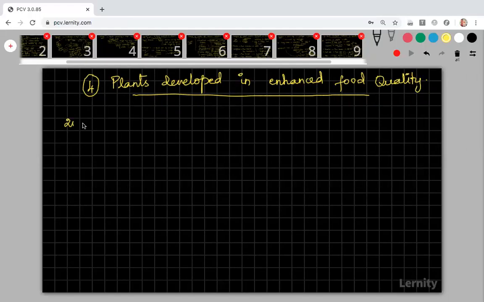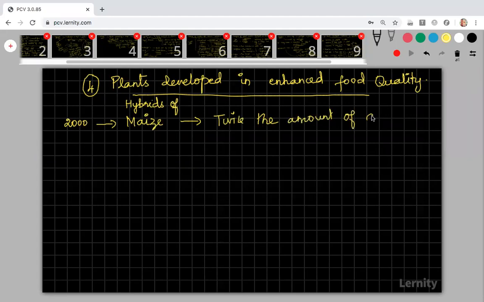In the year 2000, some hybrid varieties of maize were created. These hybrids of maize consist of twice the amount of two particular amino acids: lysine and tryptophan.